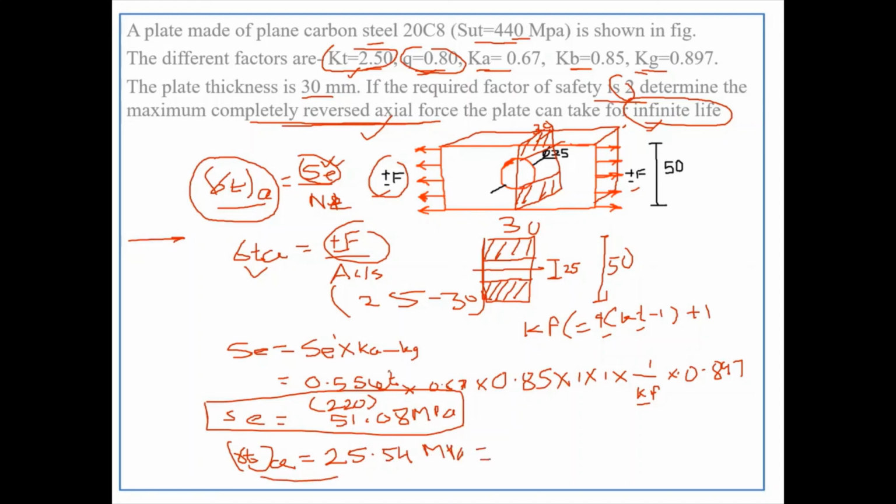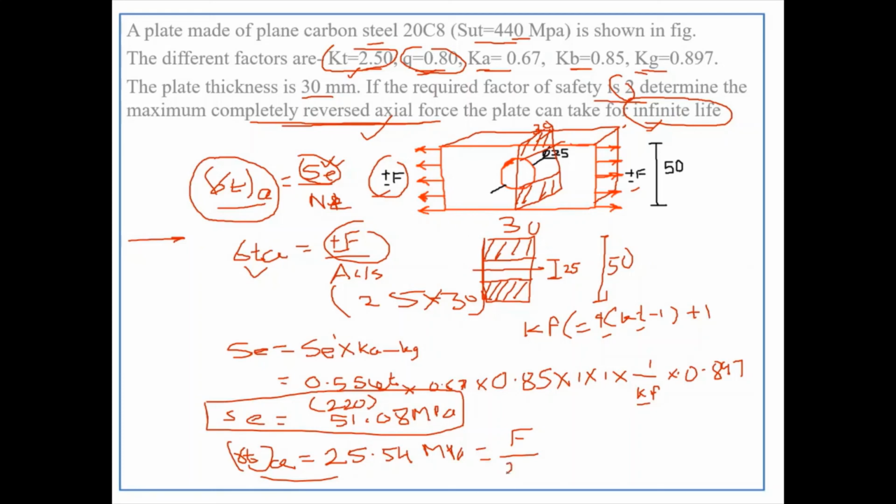This tensile stress amplitude is also equal to force upon cross-sectional area. Now, the cross-sectional area is 50 minus 25, into 30.